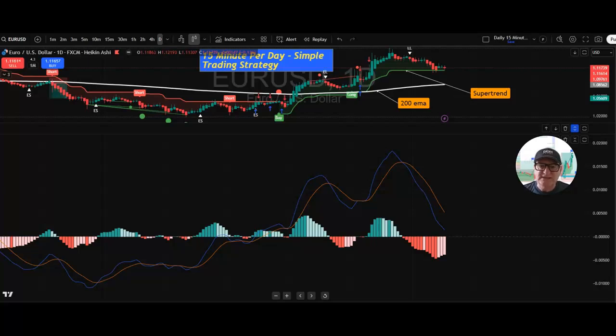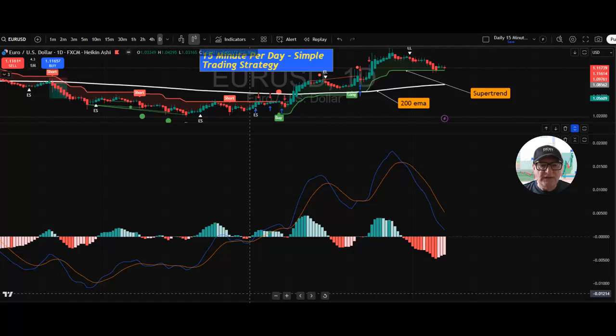So let's do the settings. So the first thing to understand is, let's make sure I've got the right color. That's not the right color. Let's go yellow. So the strategy, first of all, is you have these signal lines here, the blue line and the red line.